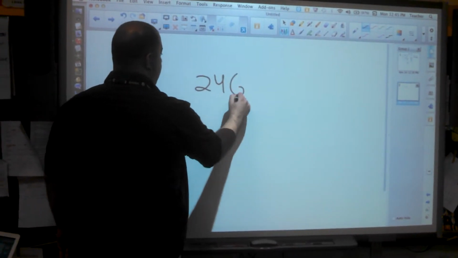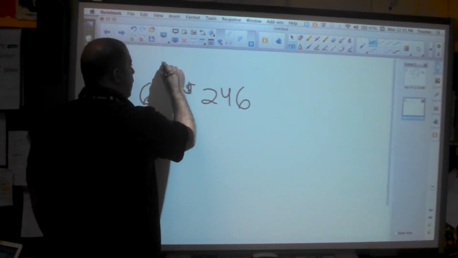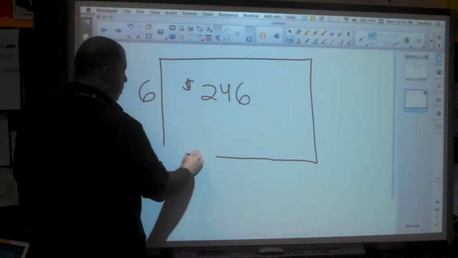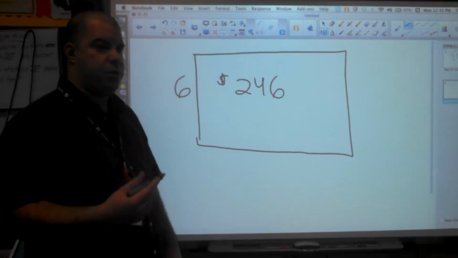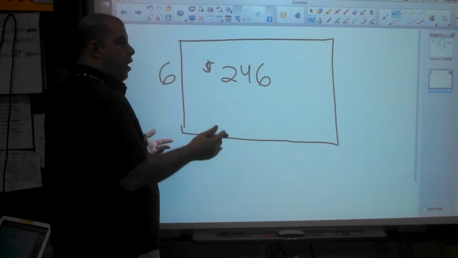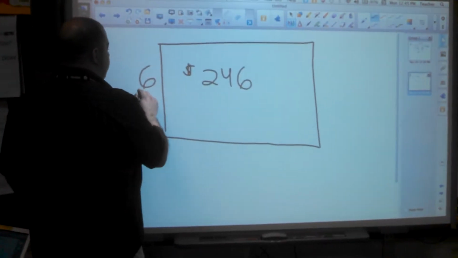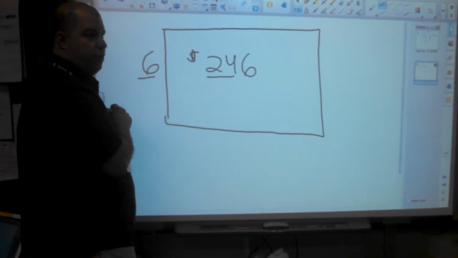We did this in class today where there was a total of $246, and somebody was going to make payments of 6 payments, and the question was how much was each payment going to be. Again, I have my open area model. Everything inside of here is worth $246. I look for my basic fact of 6 and 24.